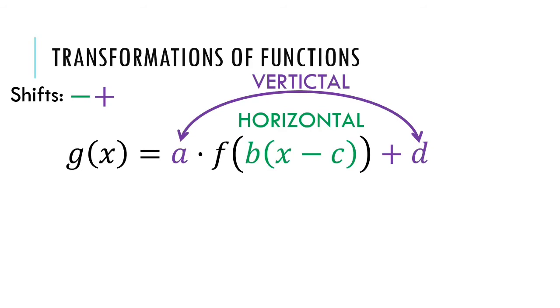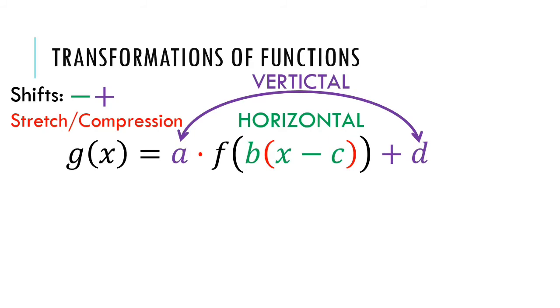So D is a vertical shift. B and A represent stretch and compression. B is inside the function and multiplying, so it's a horizontal stretch or compression. A is outside of the function, vertical, and it's multiplying, which makes it a vertical stretch or compression.